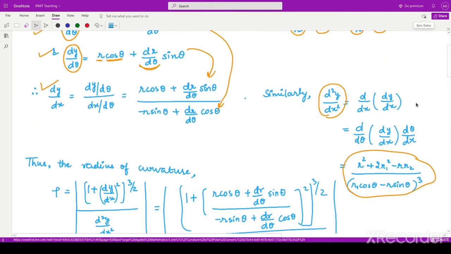I have skipped a lot of calculation in this step, so you could verify this by yourself. How can you take the derivative of this term? This dy upon dx is a function of r and theta, and we are taking its derivative with respect to theta. So we have to change this parameter. You have to write d theta here and d theta here. So it would be this particular term after calculation.